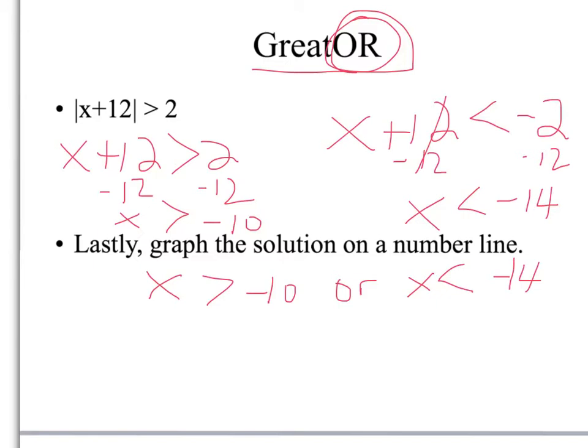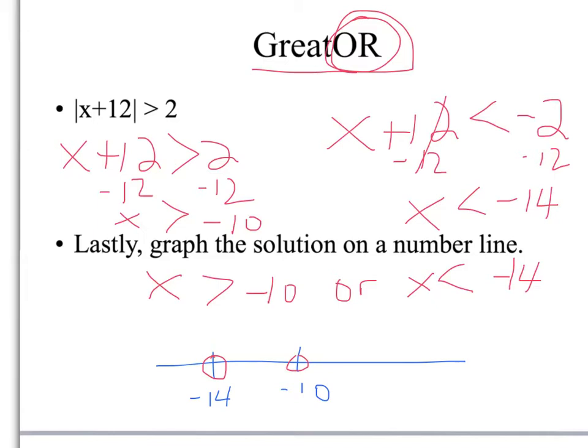Now, the last thing to do is to graph this on a number line, so let me just make a little number line here, and I'm going to pretend negative 14 is about right here, and negative 10 is about right here. There's no real preciseness to this, so I'm just sketching it. Since these are greater than and less than signs, they're open circles. So I'll put an open circle here and an open circle here.